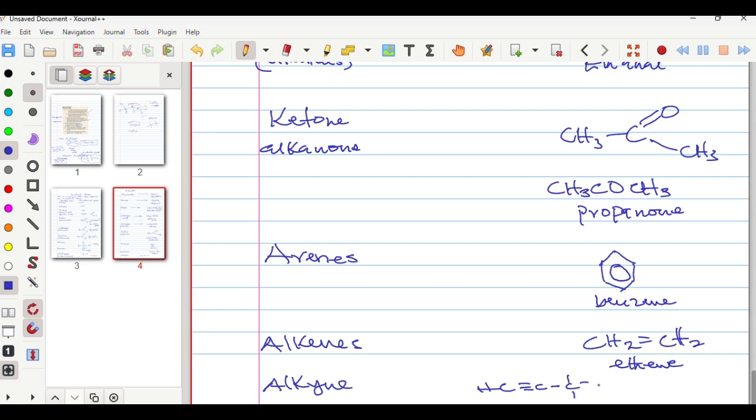So it's going to be C3H what? C3H4. Yes, sir. So that is propyne.